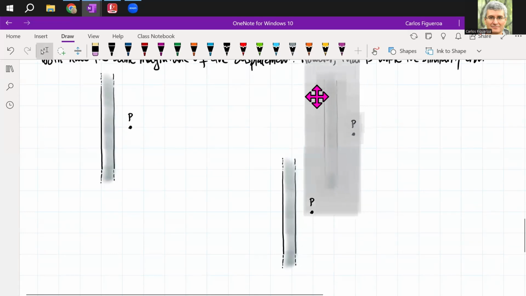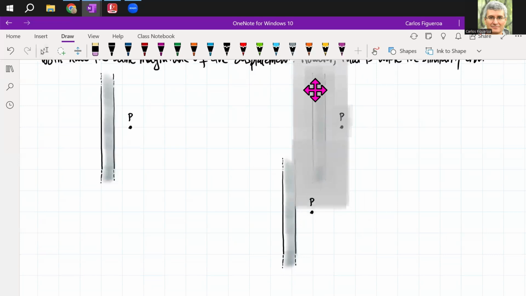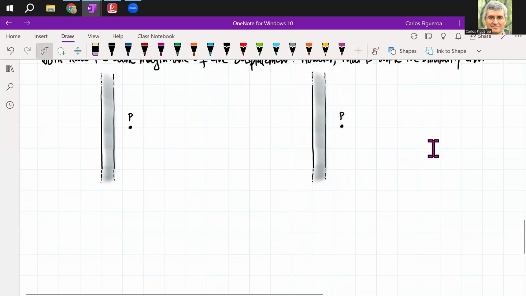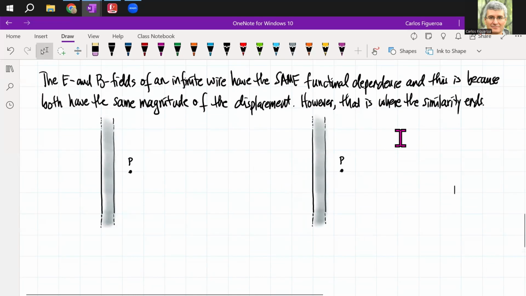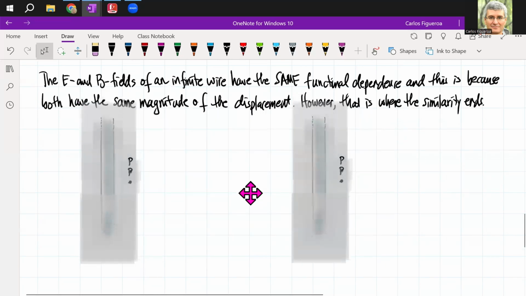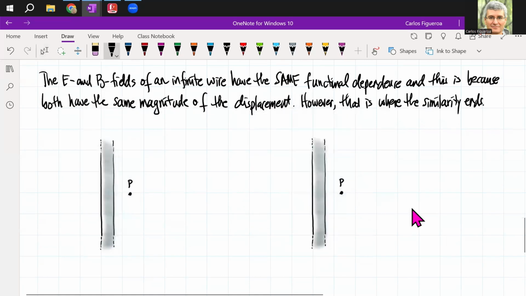So I should be able to look at these guys over here and sort of make a decision on what am I actually seeing. So if I have a charged wire, maybe I should move these down a little bit so that I have clear separation of them. So this is going to be a charged wire. So if I look at a charged wire, that means that this guy here has to have a certain amount of charges on there. And if it's infinitely long, it's going to have an infinite amount of charge.